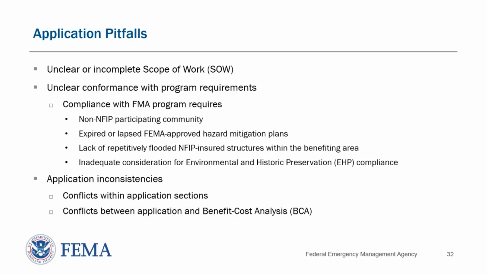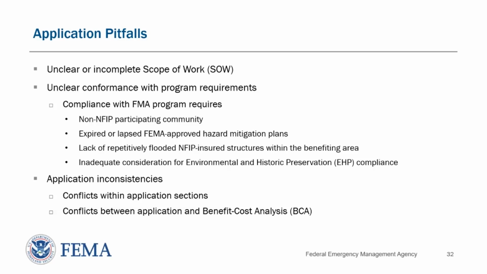At the end of FEMA's review of applications, projects are deemed eligible or ineligible. The following are some of the reasons a project may be deemed ineligible. The scope of work is unclear or incomplete. There is unclear conformity with program requirements, such as compliance with FMA program requirements. The community is not an NFIP participating community.